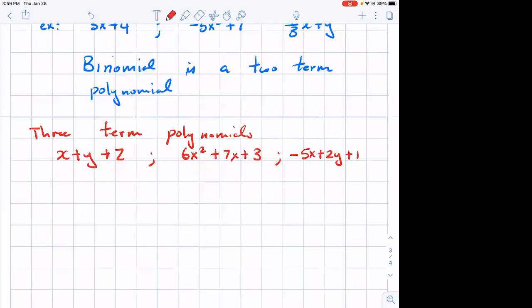So these are all three-term polynomials, okay? And when it's a three-term polynomial, it's called a trinomial. So a trinomial is a three-term polynomial.